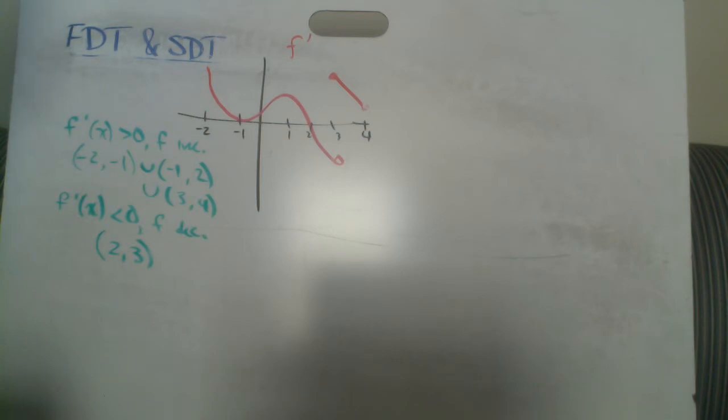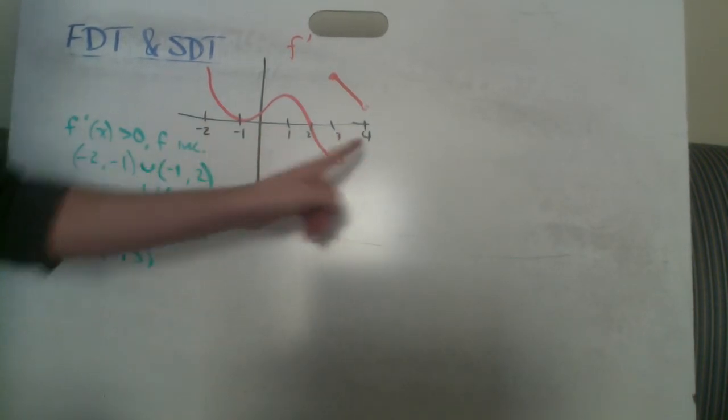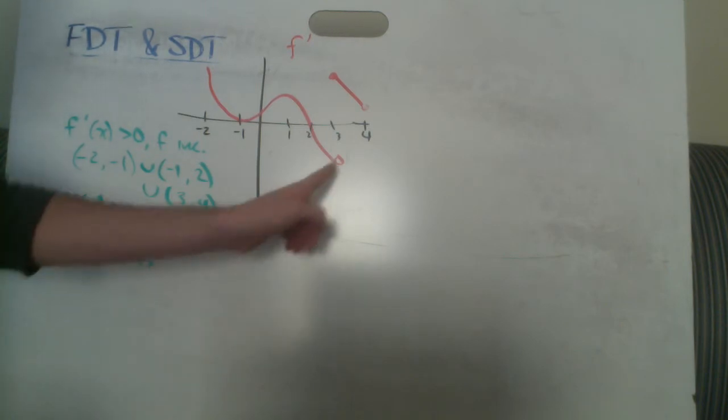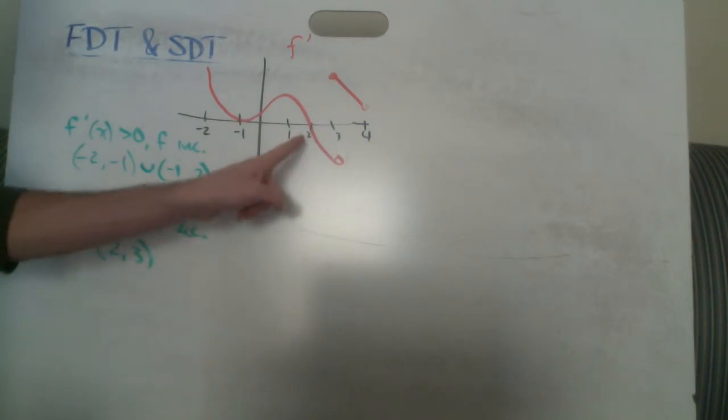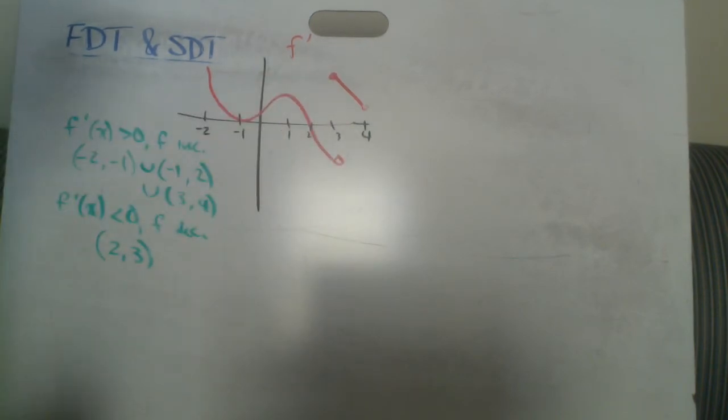If I wanted to find a maximum or a minimum point, since this is on a closed interval, I have to test both the endpoints and also the points where f prime changes signs. So the endpoints of this interval are -2 and 4. And then f prime changes signs twice, once at 2 and once at 3.